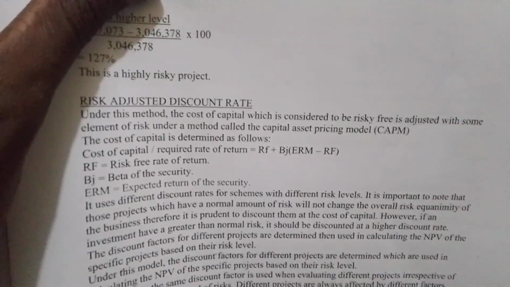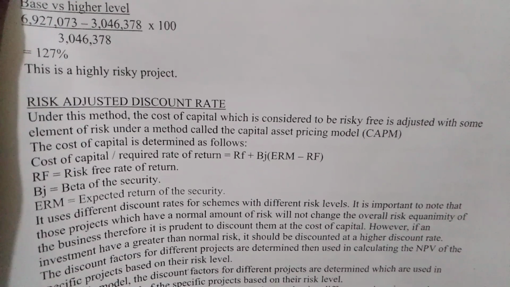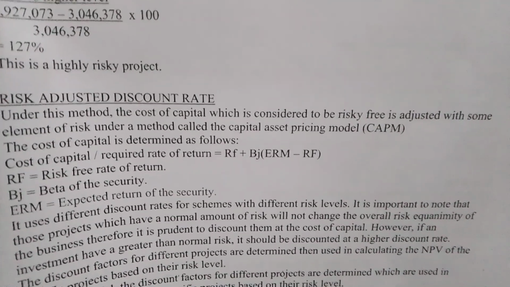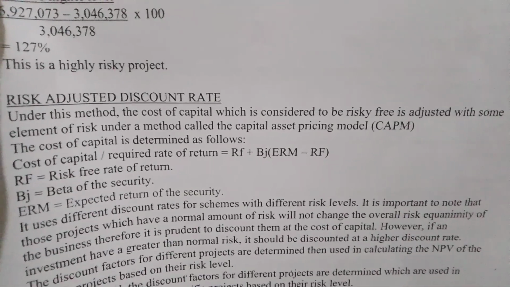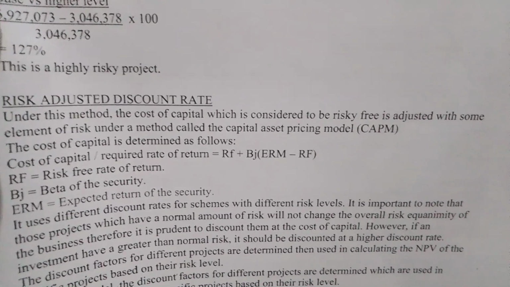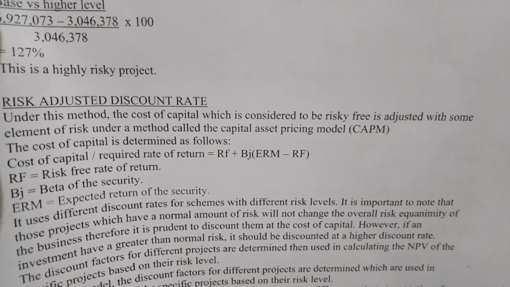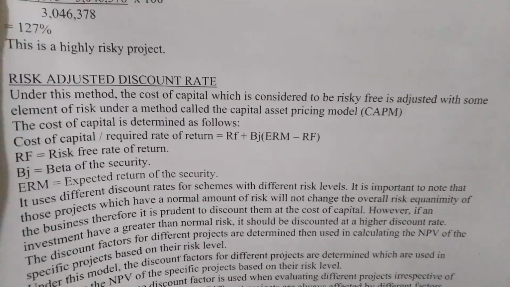So note that formula that you'll be using to calculate the cost of capital or required rate of return using CAPM. You'll be picking the risk-free rate, plus the beta factor multiplied by the risk premium. ERM minus RF gives us a risk premium.